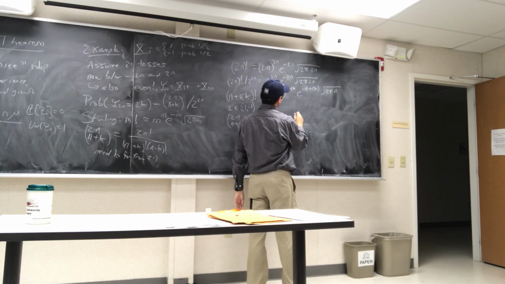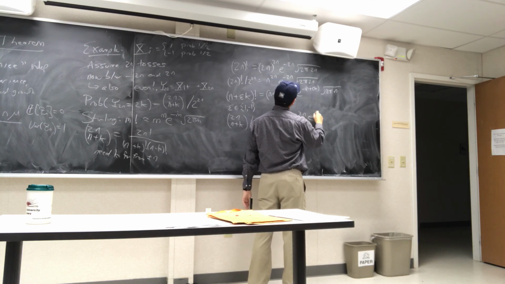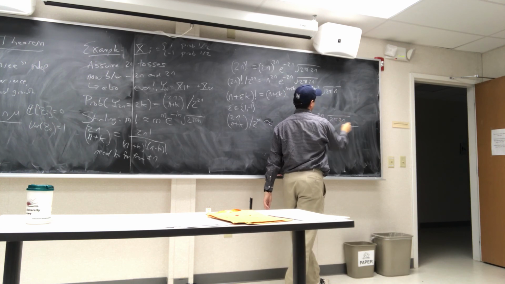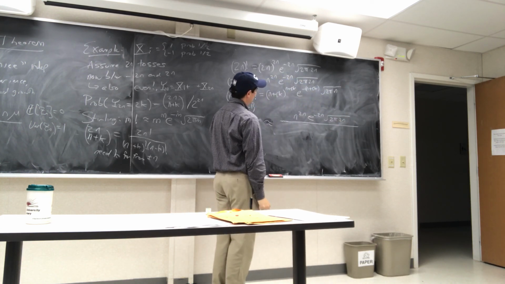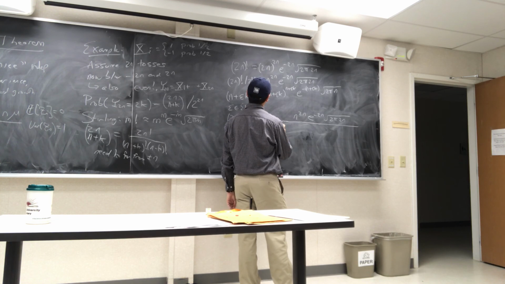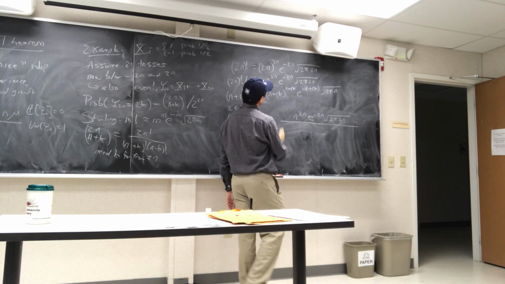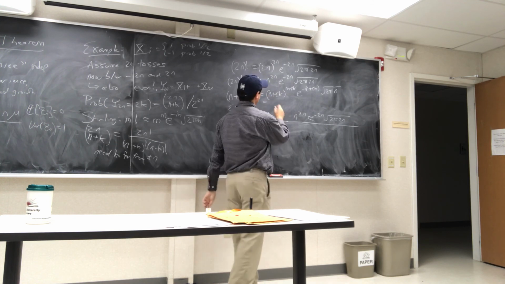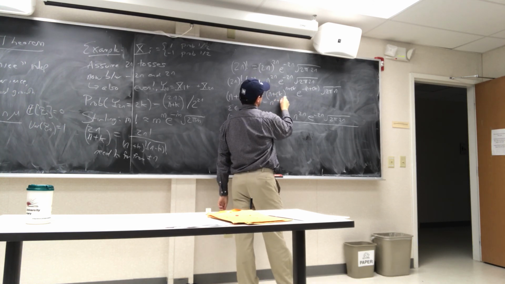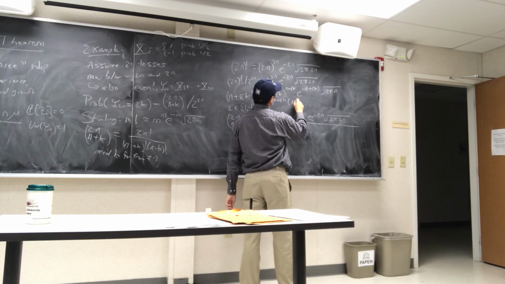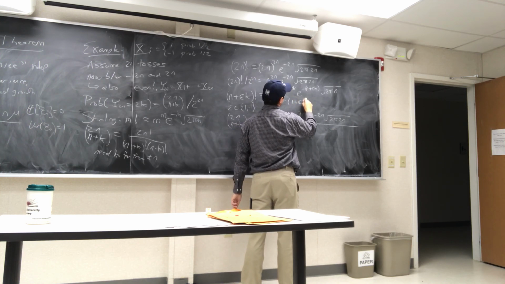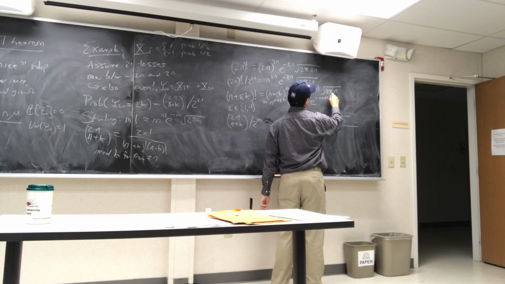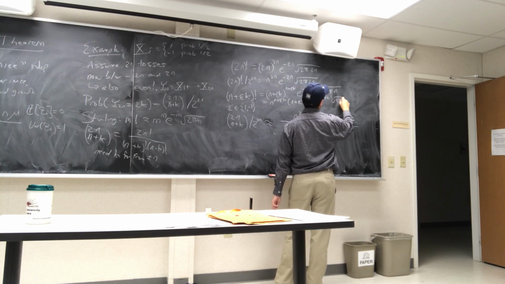So I'm going to have n to the 2n, e to the minus 2n, square root of 2 pi 2n, and then down below, I'll do one thing first. What might I want to pull out of this factor here? I'm going to pull out an n. If I pull out an n, I'll have an n to the n plus epsilon k, 1 plus epsilon k over n, e to the minus n plus epsilon k, square root of 2 pi n.